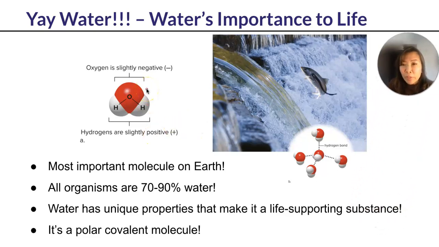If you recall, water is a polar covalent molecule, meaning that the electrons between hydrogen and oxygen are shared, but not shared equally. That's one of the things we mentioned in the previous section. You could think of this oxygen as more greedy when it comes to the electrons, and so it's slightly negative.